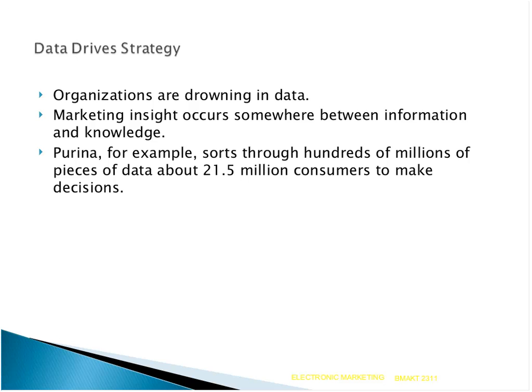Having all of this information and data, how can you manage it in a way that creates a competitive advantage or gives you a specific edge to compete in the market and survive, and not only survive, but reach profitability and so on? So marketing insight occurs somewhere between information and knowledge.